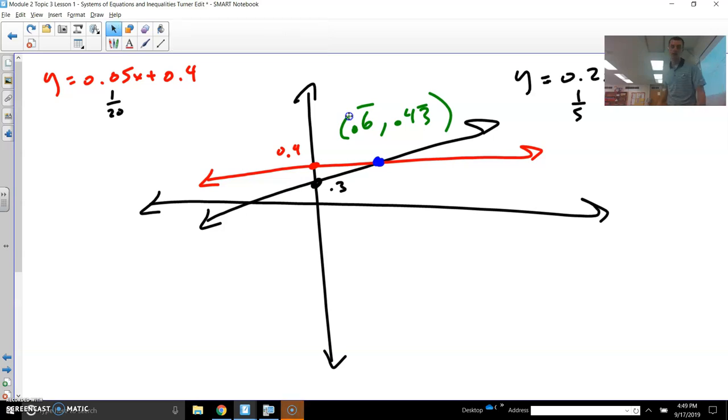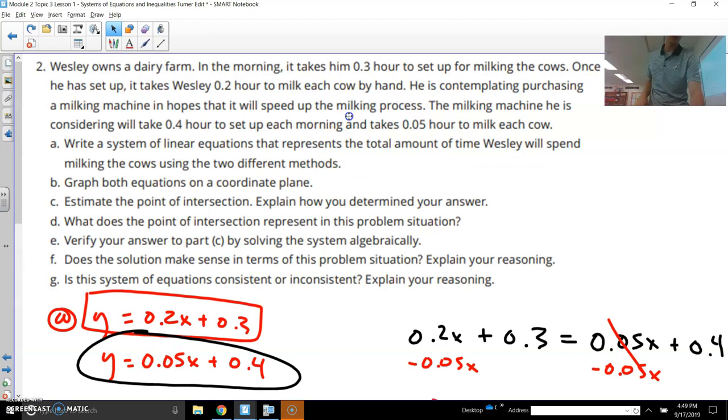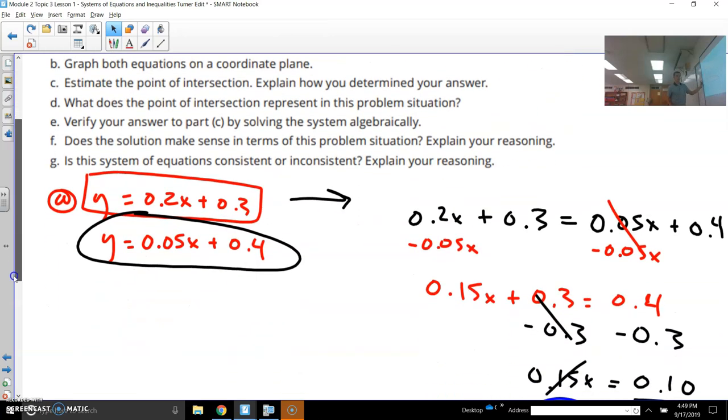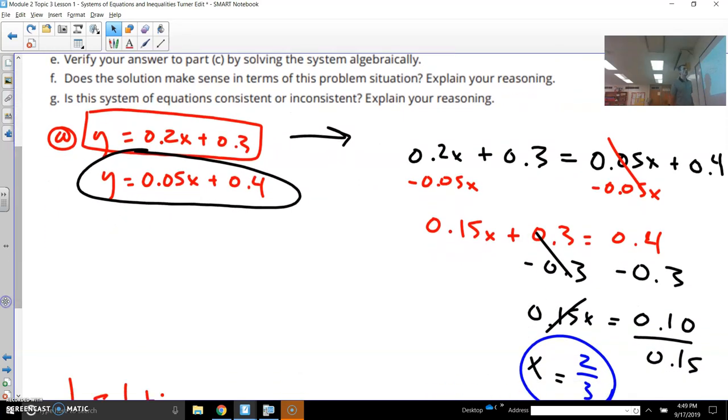So the next part is asking, well, hey, what if you wanted to solve that by hand? So let's go ahead and verify what that would look like by hand by setting both of these equal to each other, and that's what I did right here. So let's start by putting the x's together and also putting the constants together.